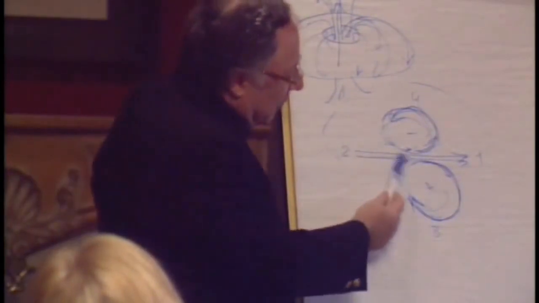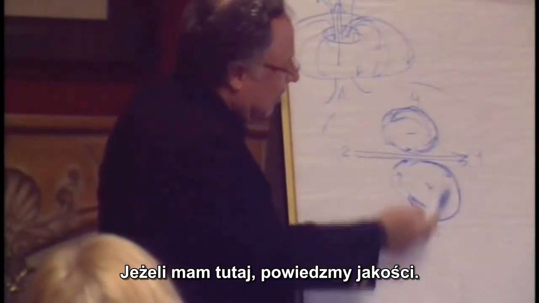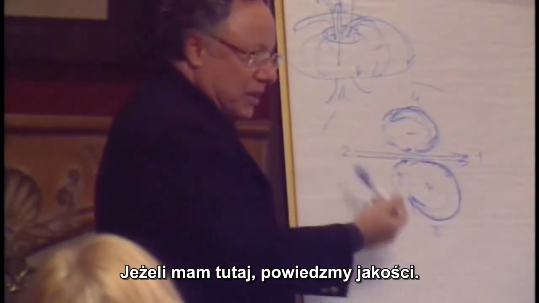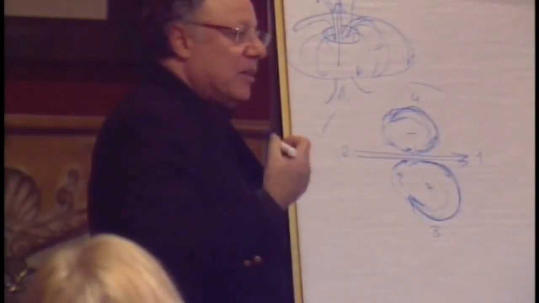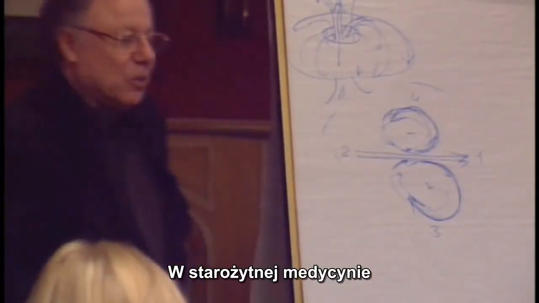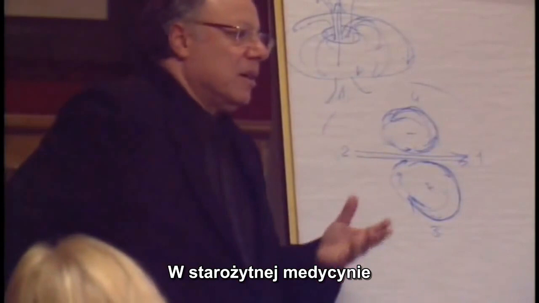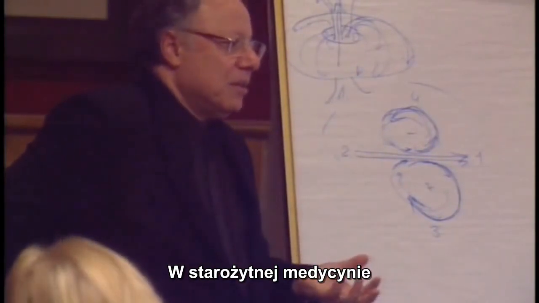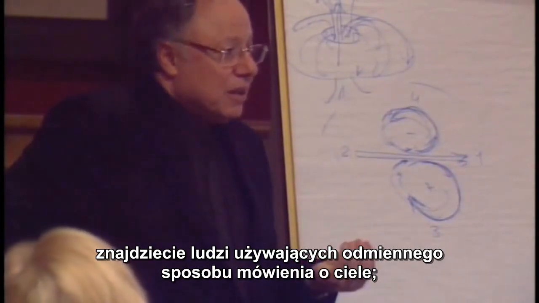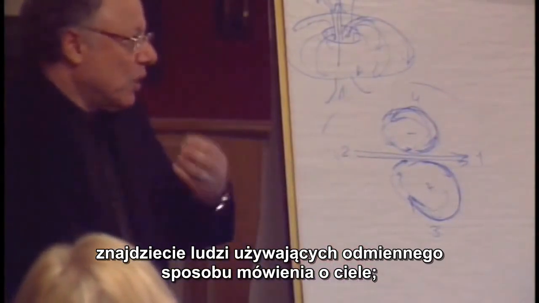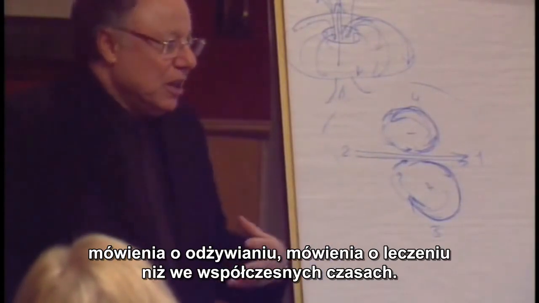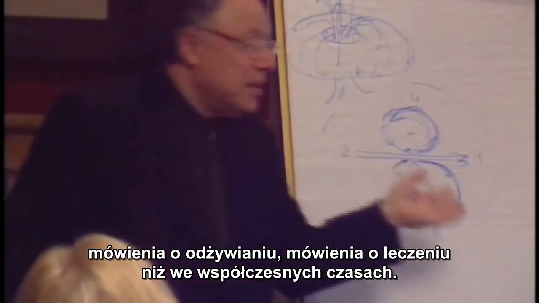So now, if I have here, let's say, qualities. Let's take examples. What could those qualities be? Now, in ancient medicine, you find people using different ways of speaking about the body, about nutrition, about healing than the modern ways.